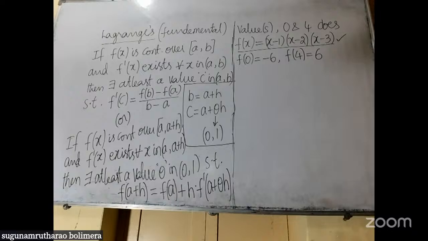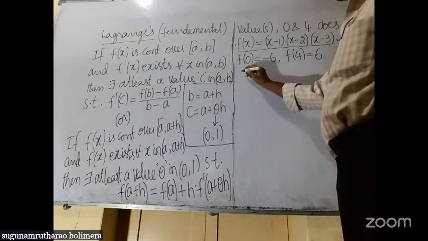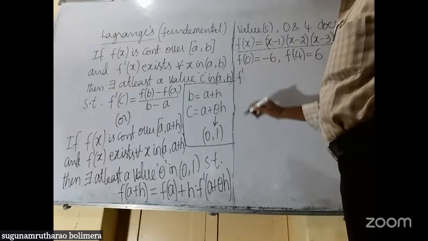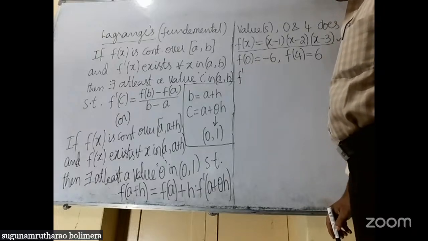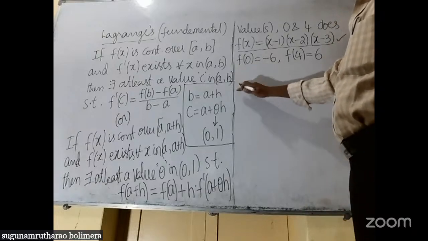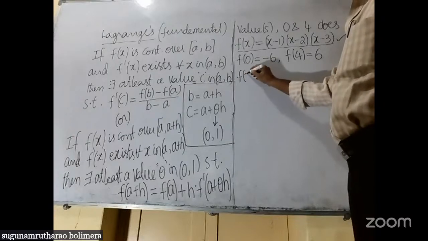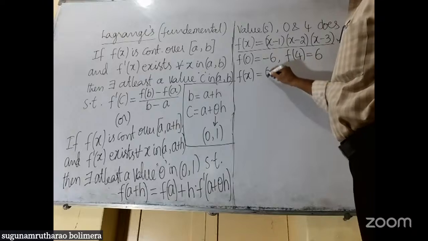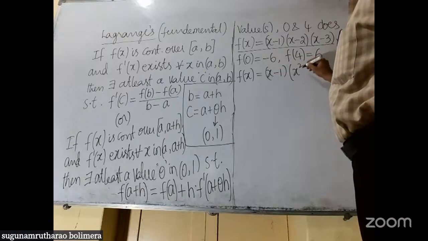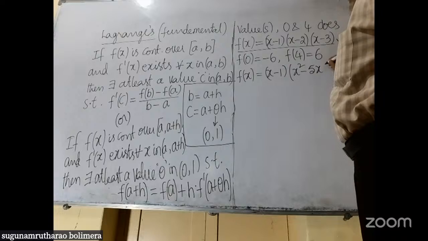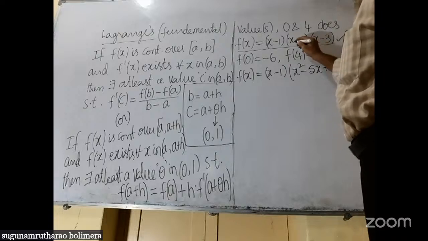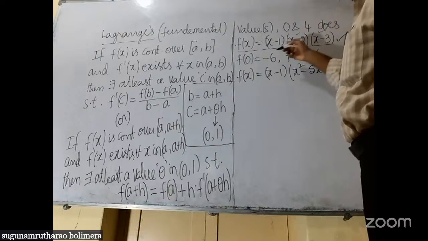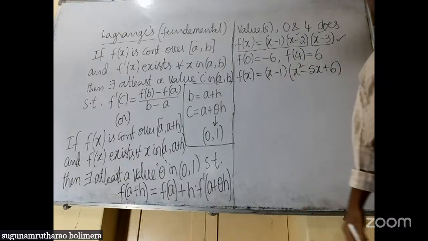Next, you have to find f dash of x. Before writing f dash of x, I'm going to write f of x like this: x minus 1 into x squared minus 5x plus 6. I have multiplied these two and written x minus 1.